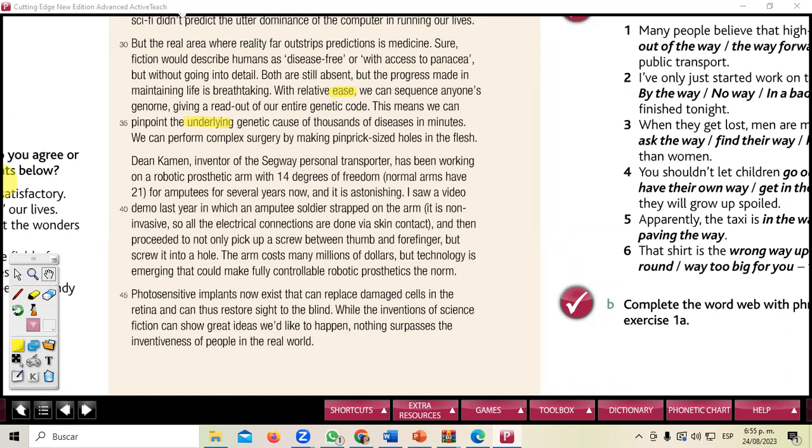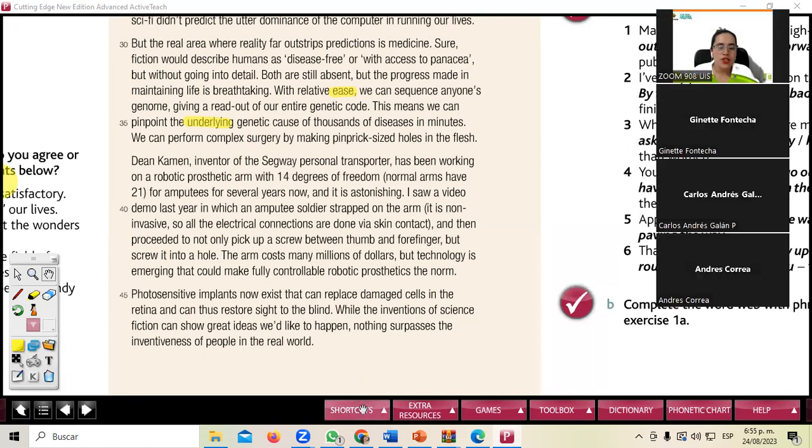It is non-invasive, so all the electrical connections are done via skin contact, and then proceeded to not only pick up a screw between thumb and forefinger, but screw it into a hole. The arm costs many millions of dollars, but technology is emerging that could make fully controllable robotic prosthetics the norm.